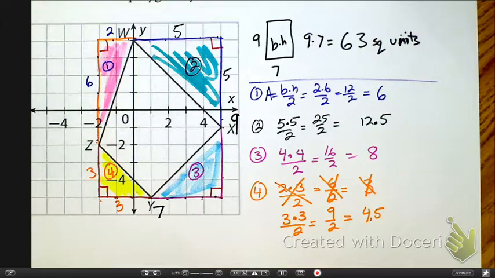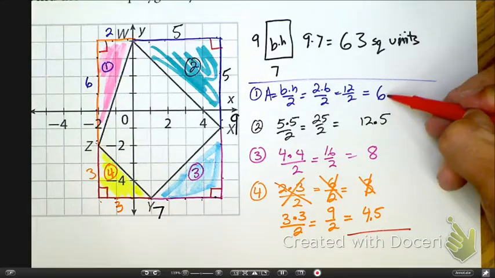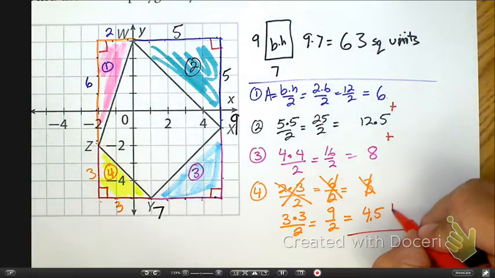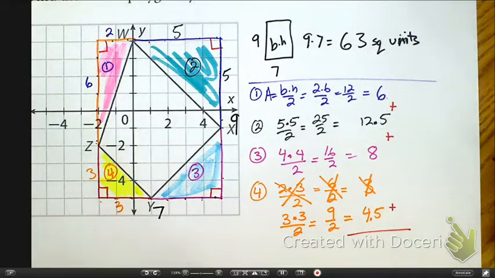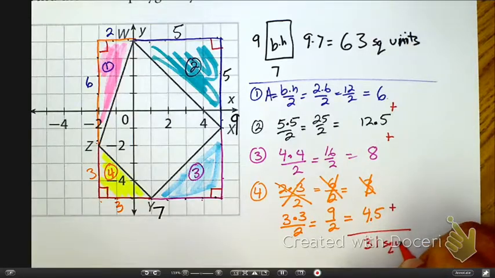Now that we have found the area of the 4 right triangles, the 4 corners that we constructed, we can add them up. 6 plus 12.5 plus 8 plus 4.5. That should give us 31 square units.